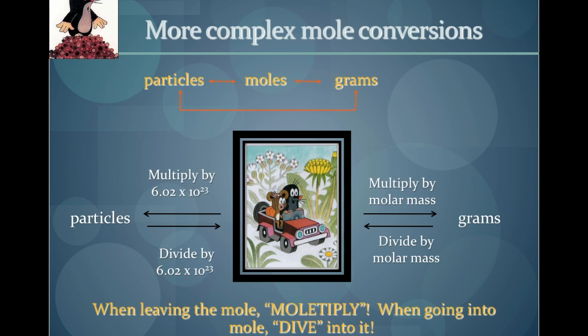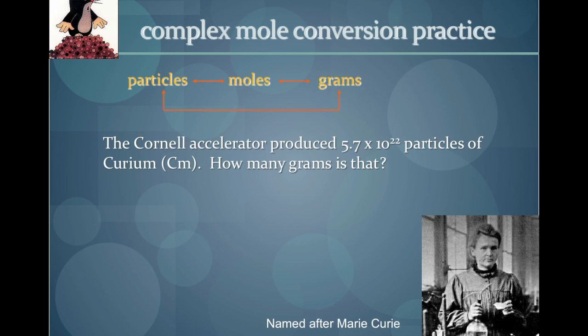A couple of slides back, I showed you how to convert between particles and grams in 2 different steps. You can also do this in 1 step, and I'll show you how to do that here. So the Cornell Accelerator, which is at Cornell University, let's say that it produced 5.7 times 10 to the 22 particles of curium, and we want to know how many grams that is. So again, we have to go first from particles to moles.